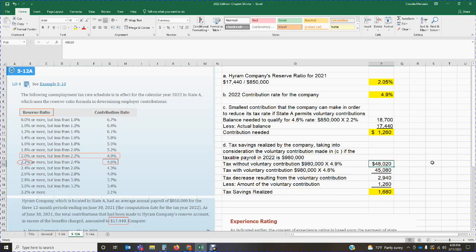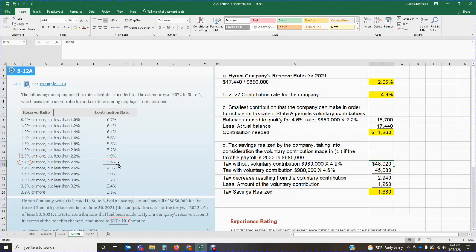If I paid that extra 1,260, that would move me down one tier, and then I would be paying in taxes 45,080 because now my new contribution rate is 4.6%. I would subtract those two numbers to figure out the decrease resulting from the voluntary contribution. So I would be saving a decrease of $2,940 in taxes because my contribution rate went from 4.9 to 4.6.